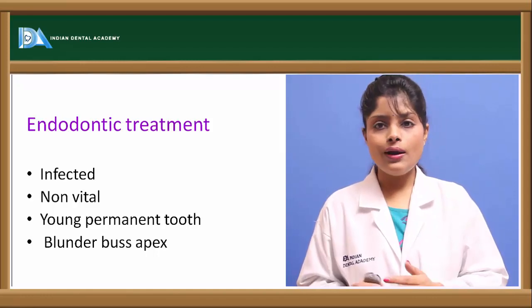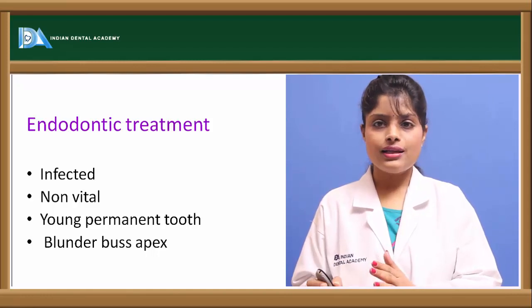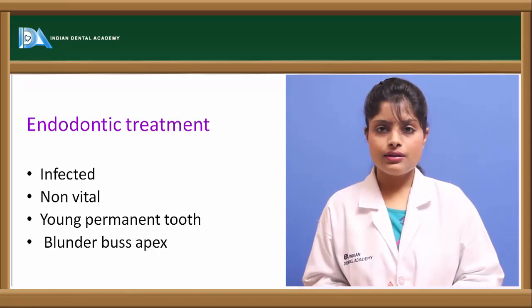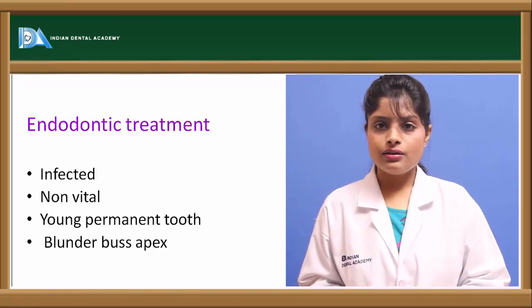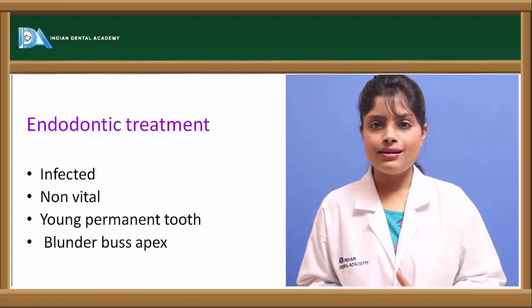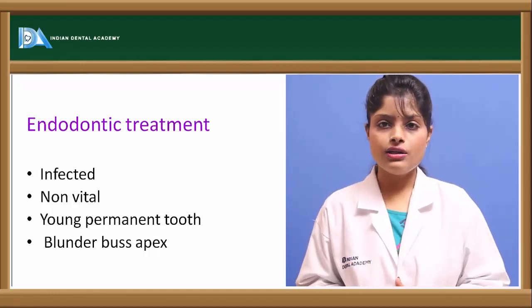But in a non-blunderbuss canal, the coronal part is wider than the apical part. That is, it will be an inverted funnel shape. Or the walls can also be parallel, that is, the coronal part will be equal to the apical part in diameter.